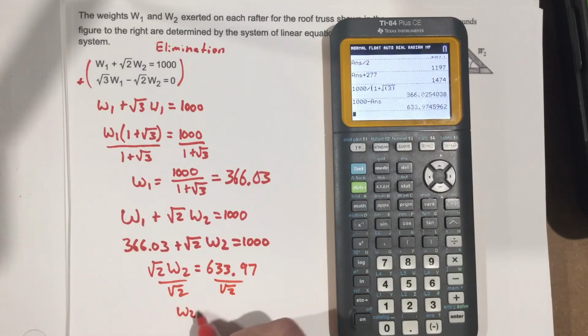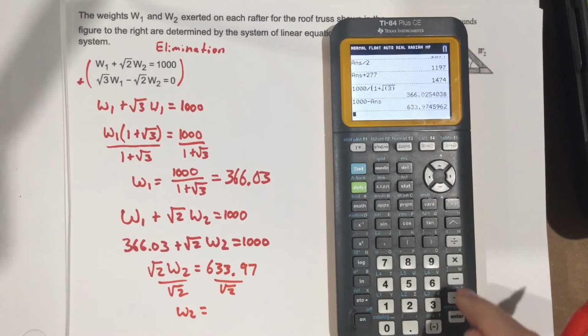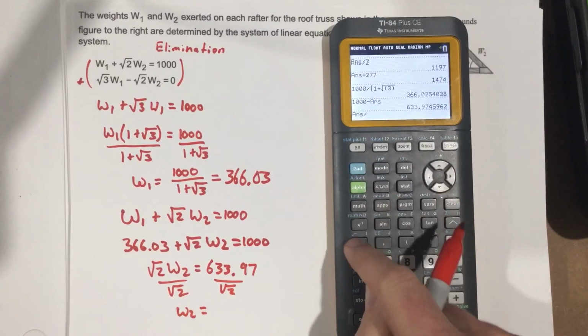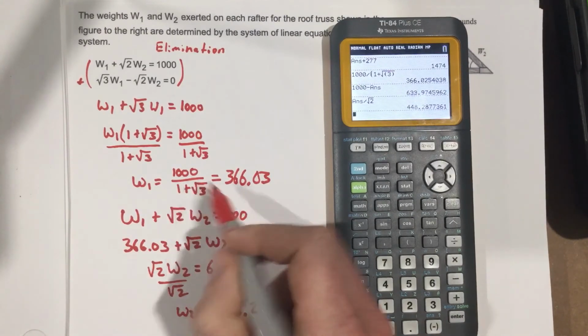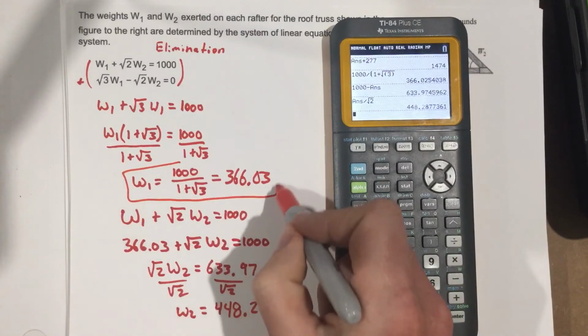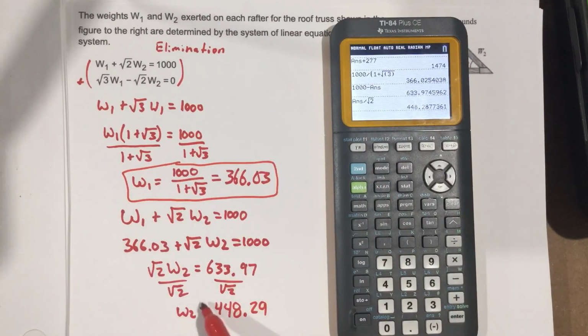And we get W2 equals 448.29. So our first weight is 366.03. Our second weight is 448.29.